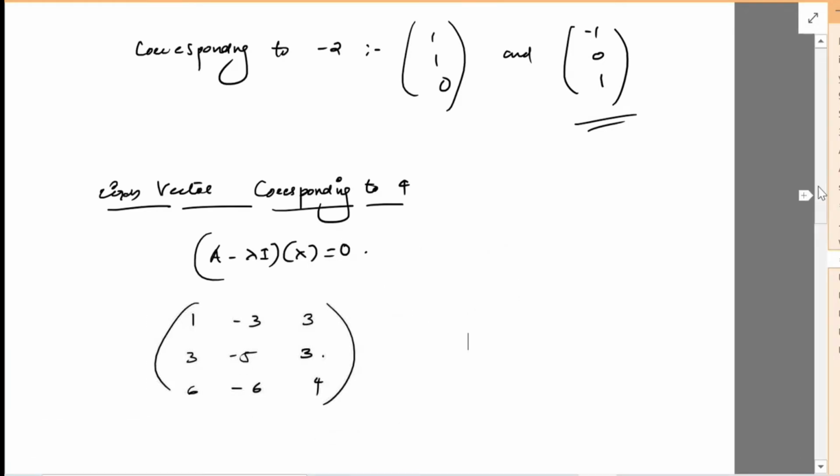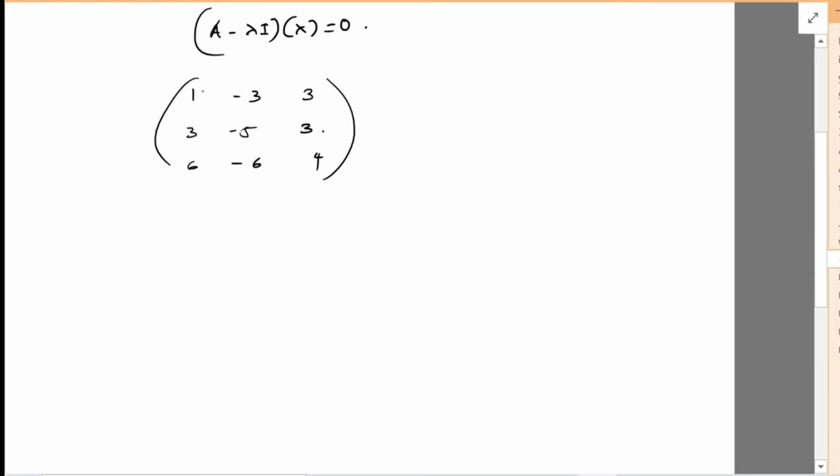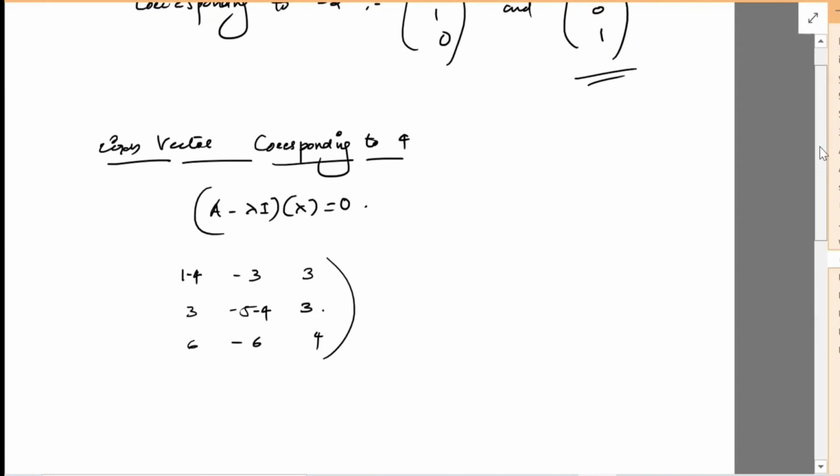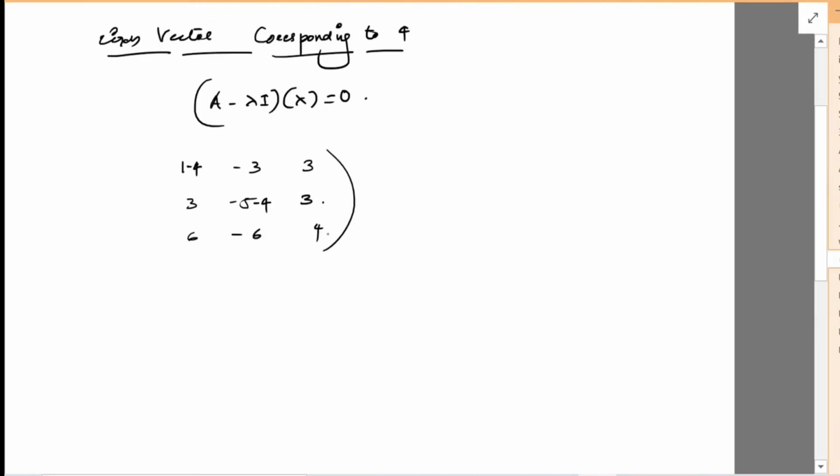So we need to subtract 4 from the diagonal entries. So the diagonal entries will become 1 minus 4, minus 5 minus 4, and 4 minus 4. Right.